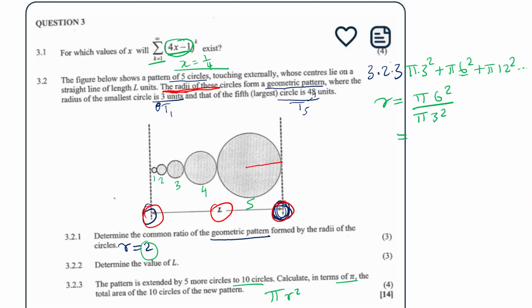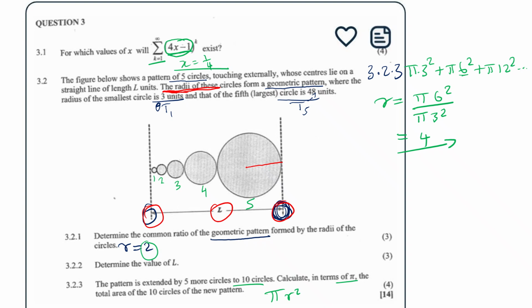Therefore our r will be equal to 4. Right, to find the sum, we have to find the sum of the areas of the 10 circles. The pattern is extended by 5 more circles to 10 circles. Calculate in terms of pi the total area of the 10 circles of the new pattern.